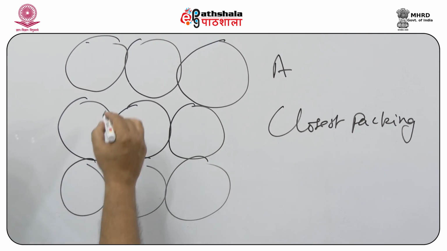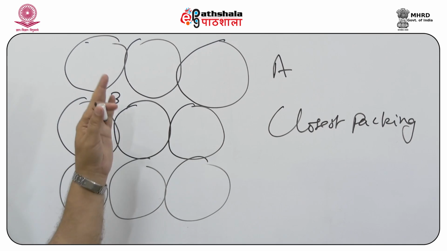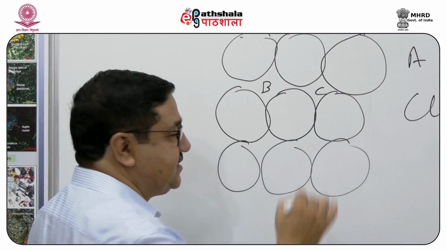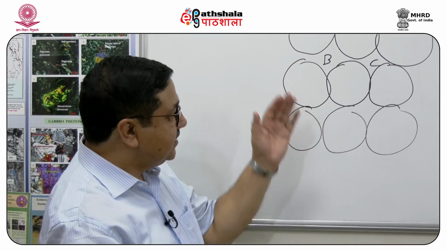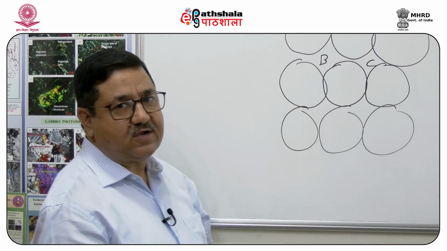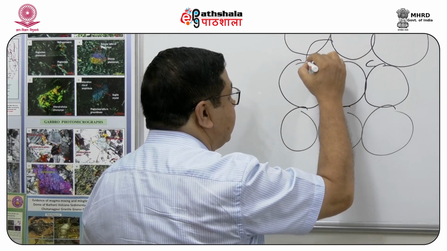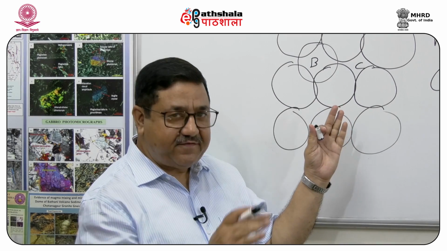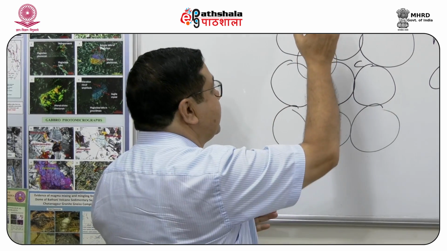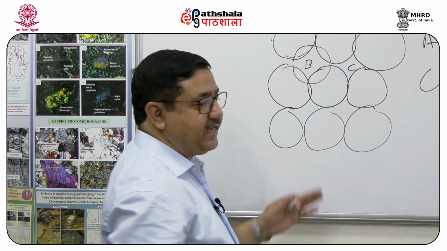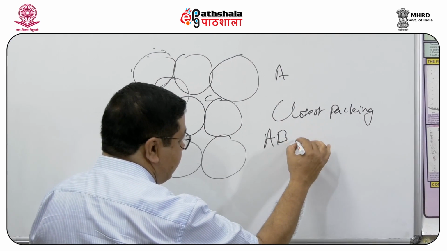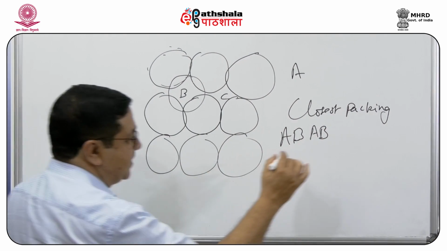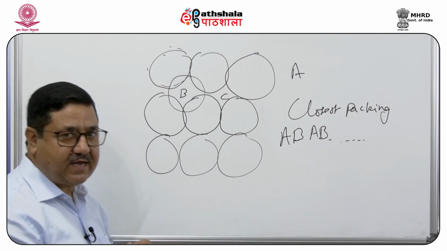So, we can consider them as the spaces designated B and C. Now, we can have a situation where the second layer is placed over the vacancy position B, and if after the second layer the third layer is again placed over A, then it leads to an arrangement with a repeat of AB layers subsequently, an ABAB kind of arrangement.